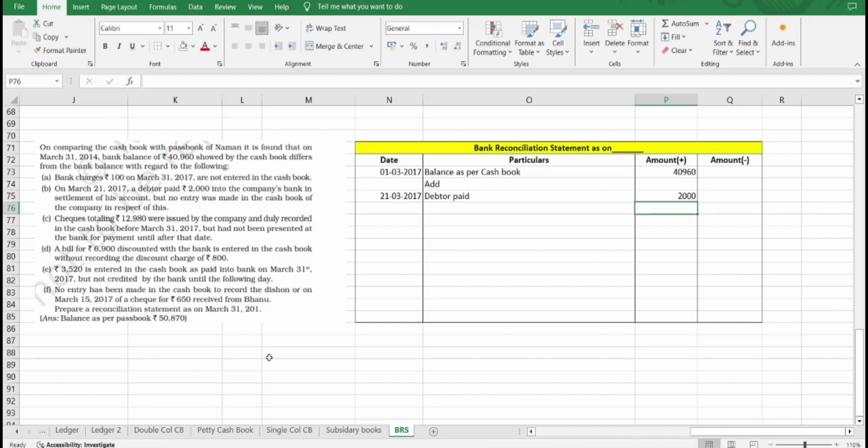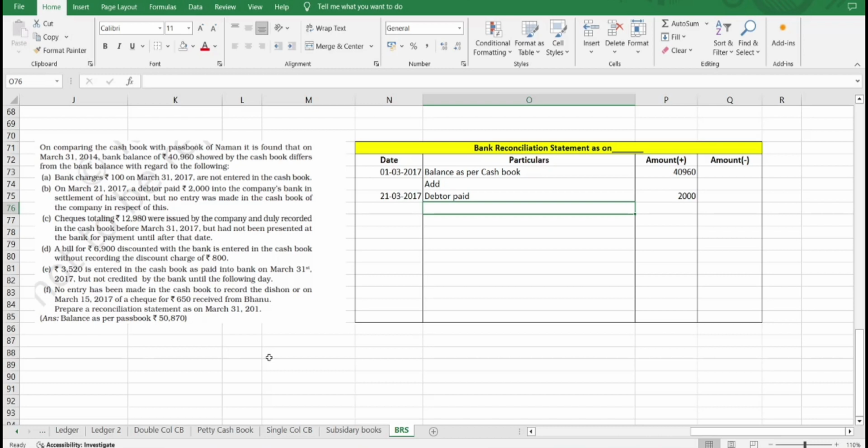When we are issuing, we are deducting it in our cash book, but it is not yet presented to the bank for payment. So naturally there will be no entry found for the same in our passbook.